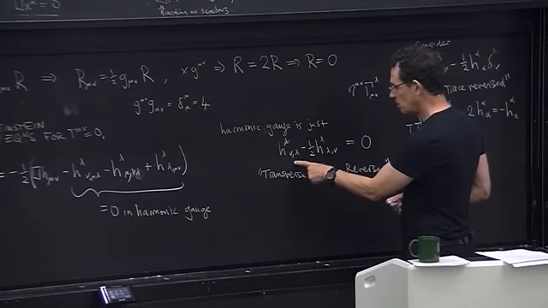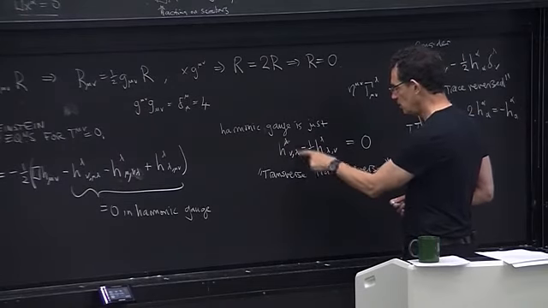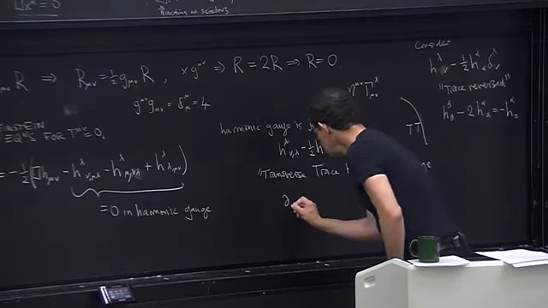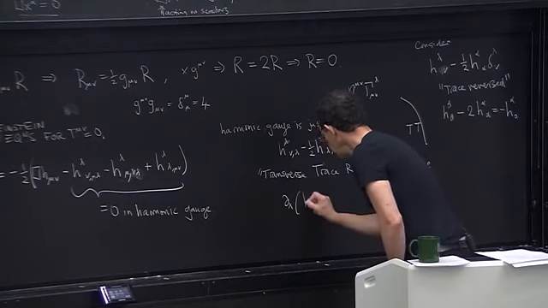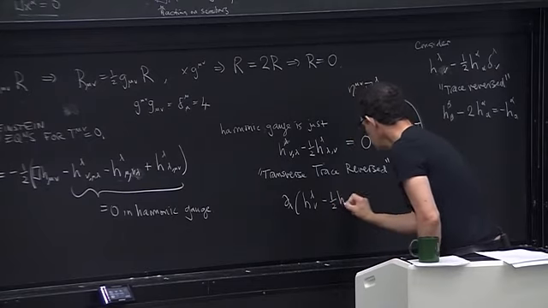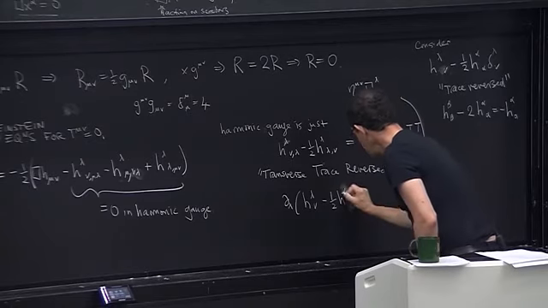Transverse here just means that the 4 divergence is 0. So in other words, d by d lambda of h lambda nu minus 1/2, and then we'll take the trace here. Let's call it alpha so we don't get confused.